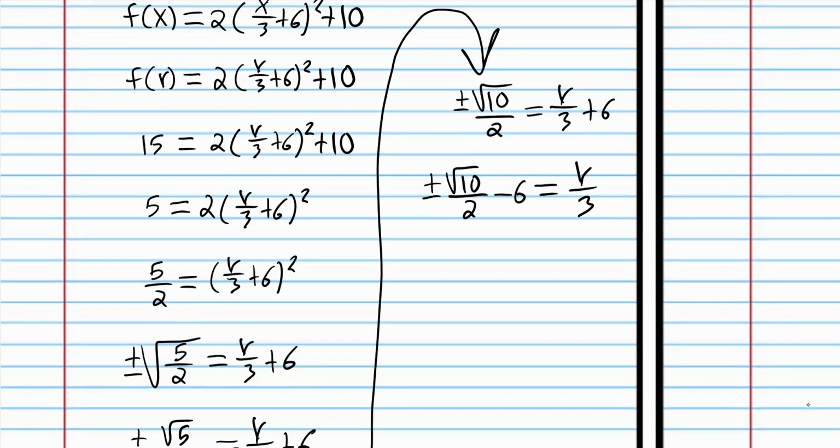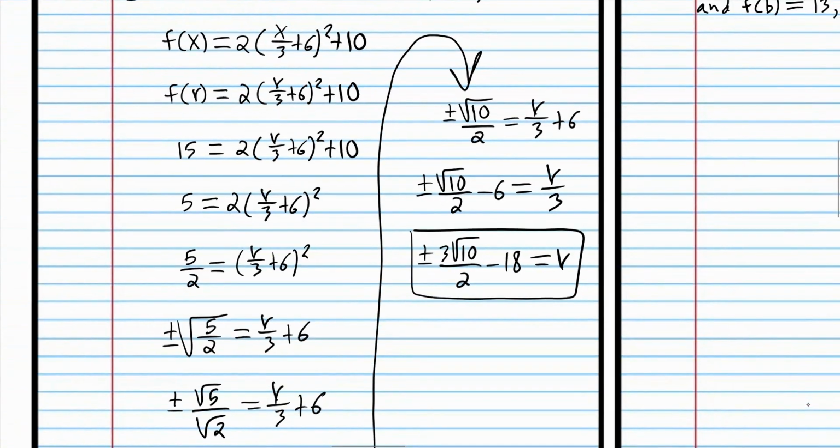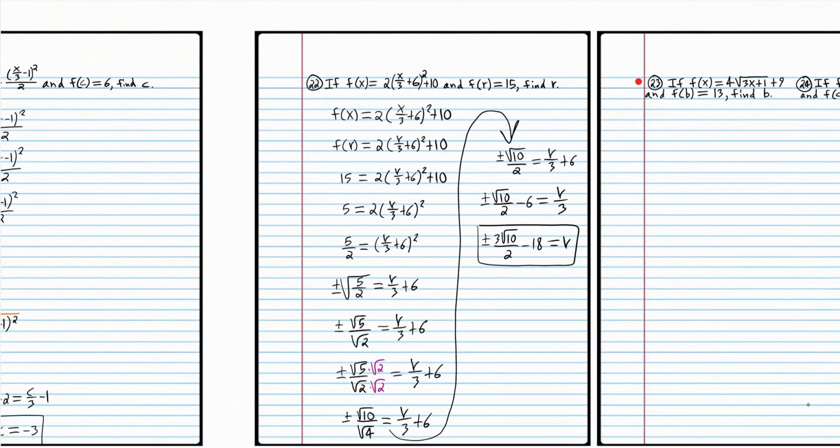And then I'm going to multiply both sides by 3, and we get plus or minus 3 square root 10 over 2 minus 18. And so those are the two solutions. So they got that right. Excellent. That was kind of a challenge problem.